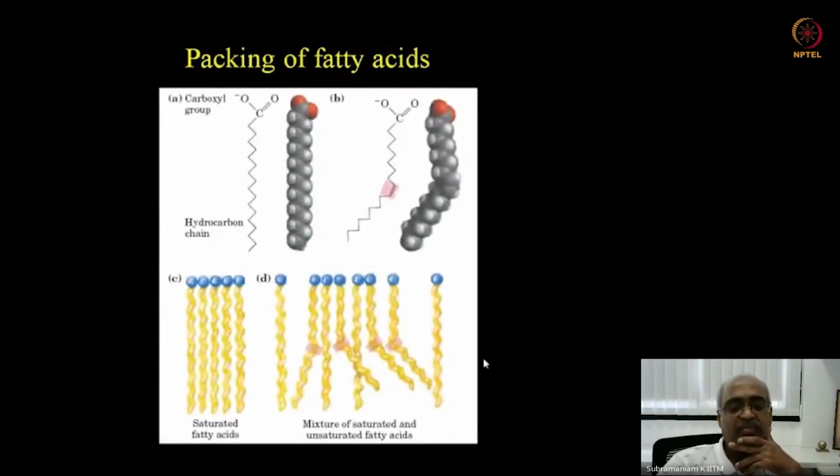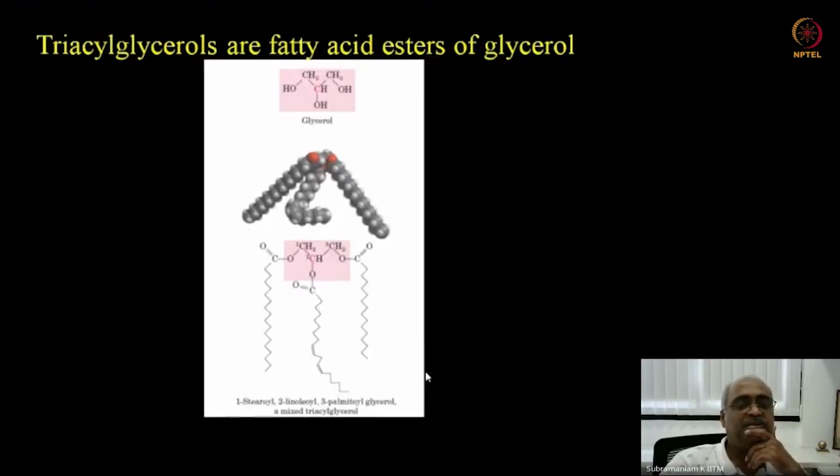On the other hand, many of the plant oils, vegetable oils, palm oil, groundnut oil, gingerly oil, etc., they have a lot of unsaturated fat with these sort of structures, and due to that they are liquid at room temperature. Okay, so that is one important point to consider.